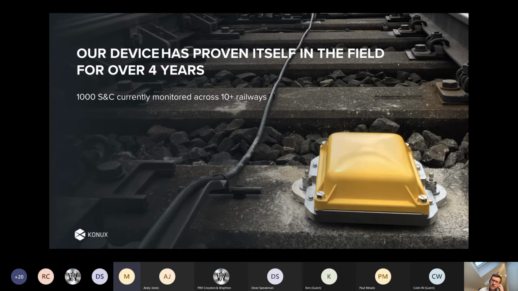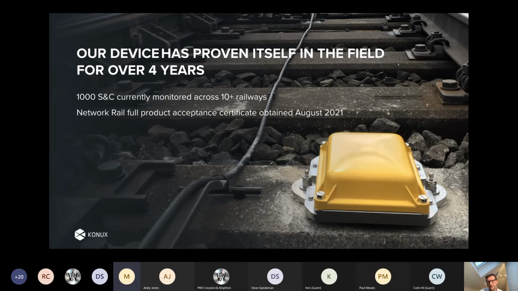It's now about proving the business case in 2 of the German regions. I guess there are probably routes. It would be the equivalent. That process has been undertaken this year, and then there'll be a wider rollout across Deutsche Bahn, provided that validation is successful. We got full product acceptance in Network Rail last August.